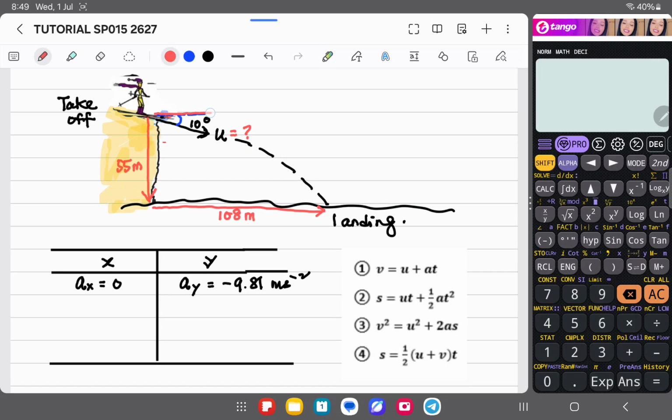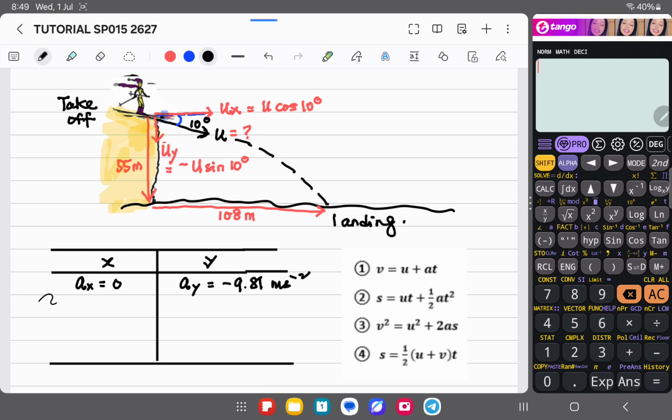The ux is the component adjacent to the angle, so ux will be u cos 10 degrees. And uy will be negative u sin 10 degrees. Why negative? Because it is directed downwards.